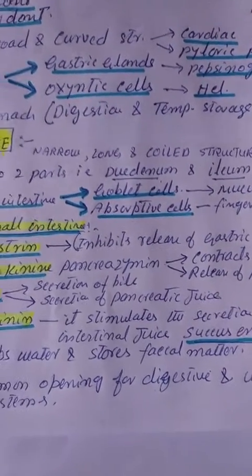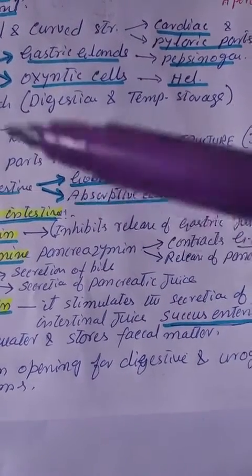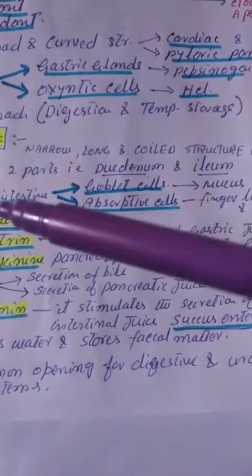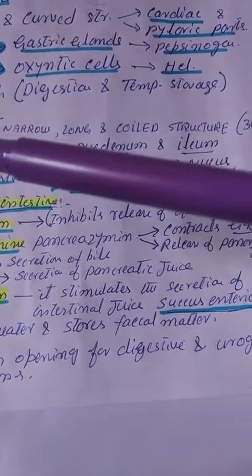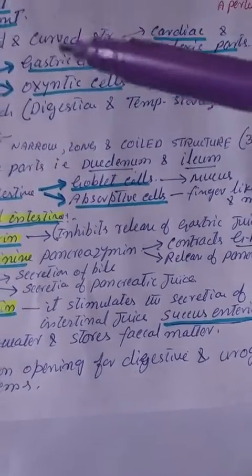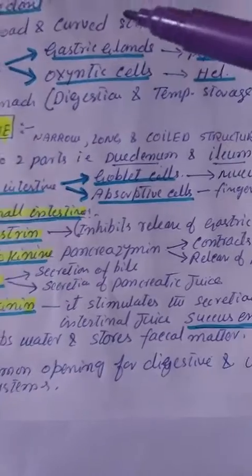So the functions of the small intestine are, first, the digestion of food materials into simpler form, and second, absorption.